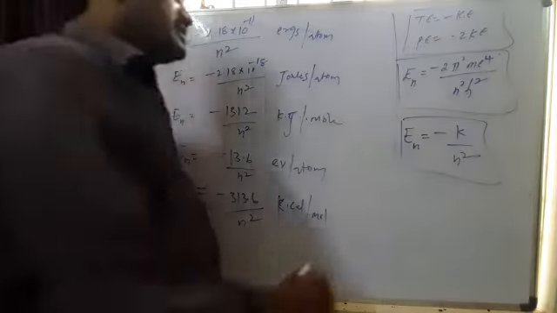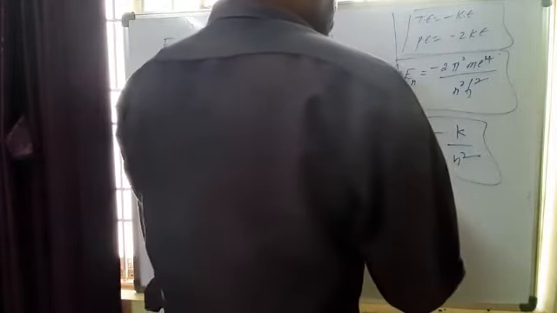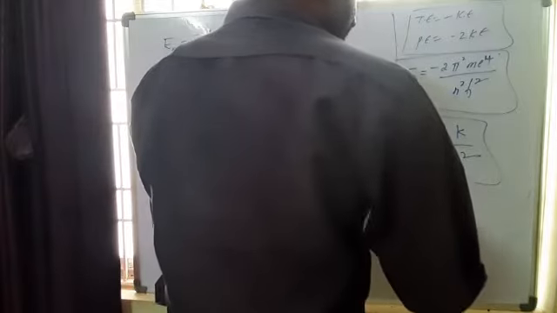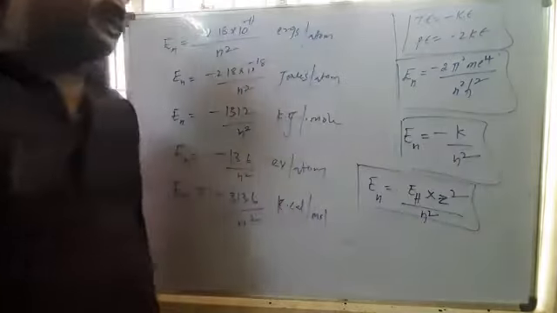For hydrogen-like species, the energy equals the energy of hydrogen into Z square. If n is other than the first shell, you divide by n square.